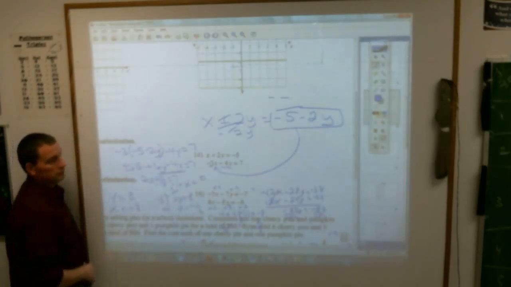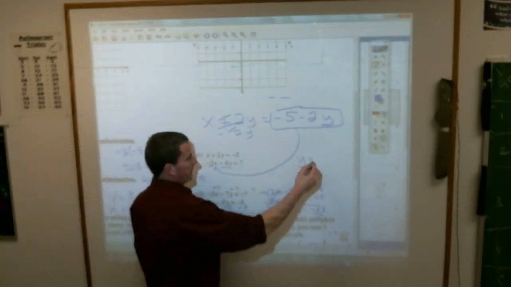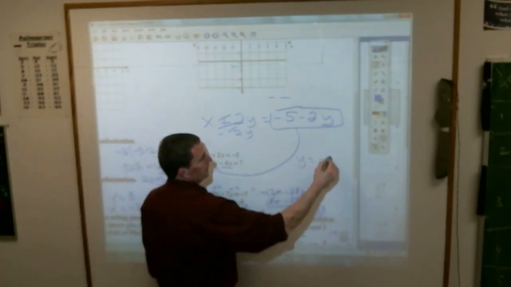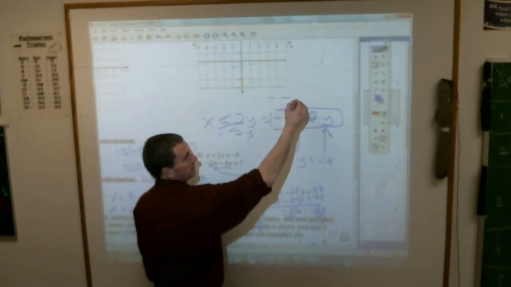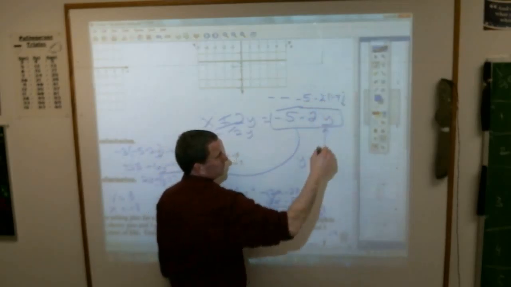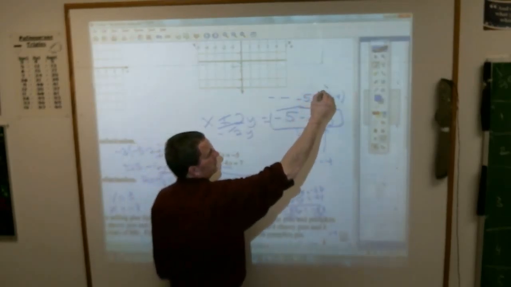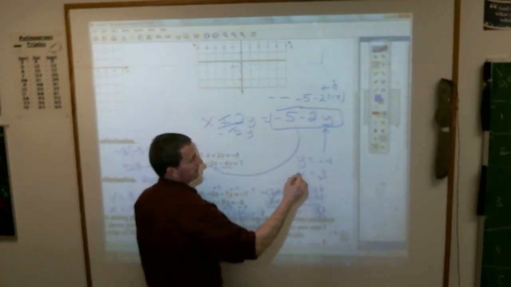Divide negative 8 by 2. And once you know that, if y equals what? Negative 4, you can just put negative 4 in for y right there and see what you get for x. Negative 5 minus 2 times negative 4 from down here gives me a positive 8 minus 5 is 3.